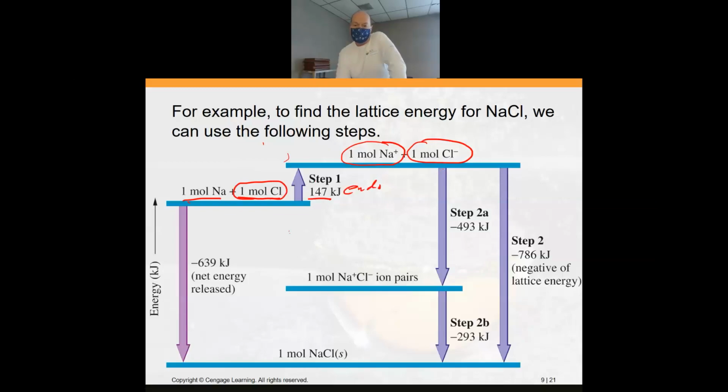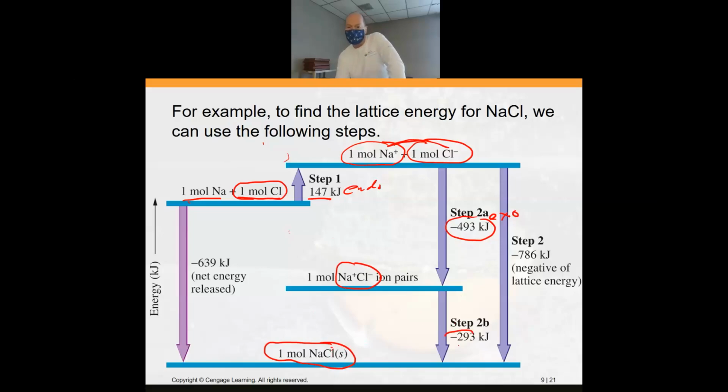And then step two, once you have your Na plus and your Cl minus, now they are attracted to one another. So then you have the NaCl compound, you have the ionic bond, which releases, exothermic, 493 kilojoules. And then if you make that a solid, so you're in the gas phase here, and then it forms a solid sodium chloride.